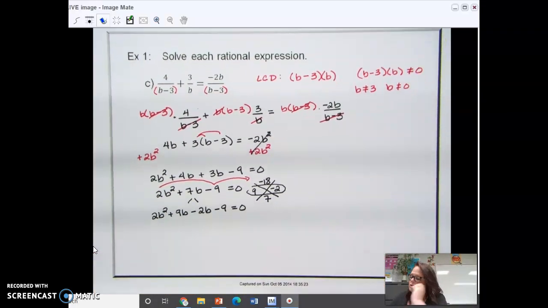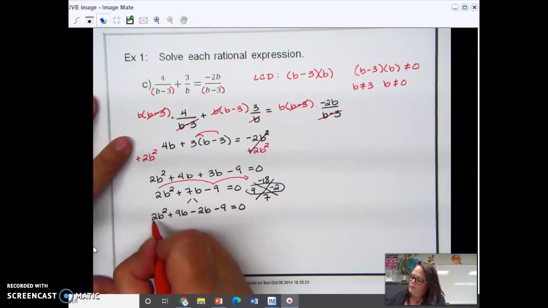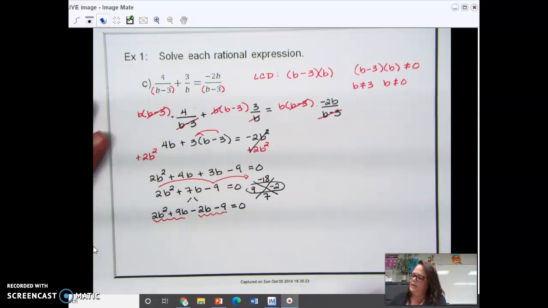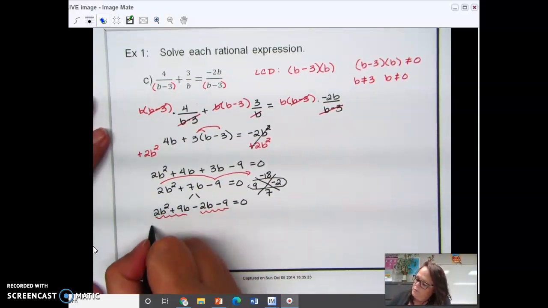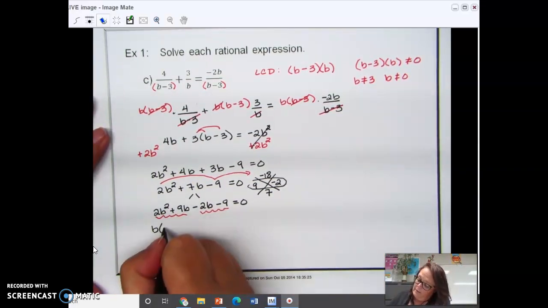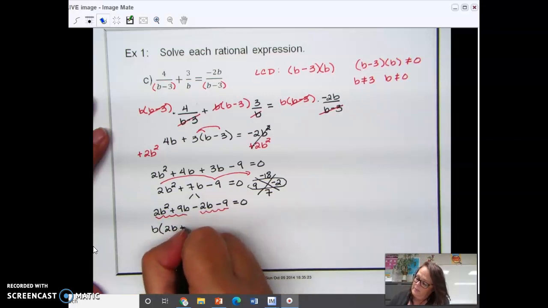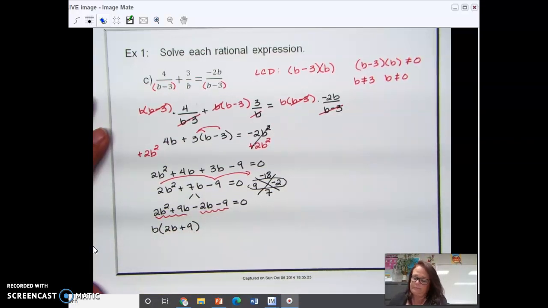Okay, so then we're going to group the first two together and group the second two together and factor out whatever it is they have in common. The first one has a b in common, and we're left with b times what gives me 2b squared, and that would be 2b, and b times what gives me 9b, and that would be positive 9.